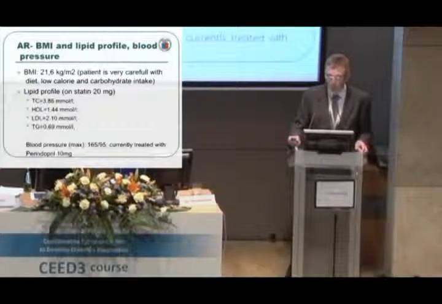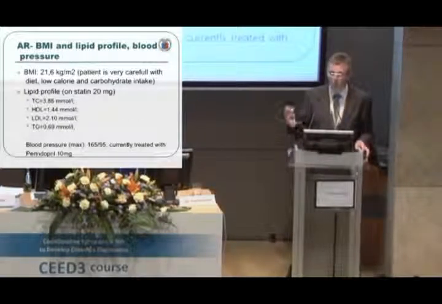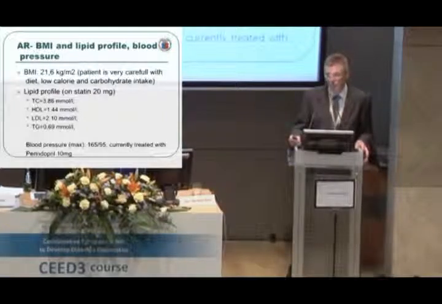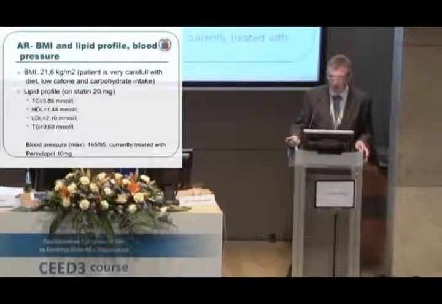She is very careful with diet. Her diet is characterized by low calorie and carbohydrate intake. So as far as diet is concerned, she has no reserves. We do suspect that her osteoporosis is at least partially due to malnutrition, to this low food intake.